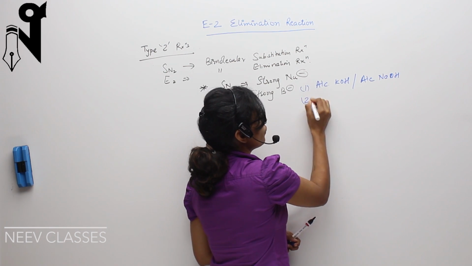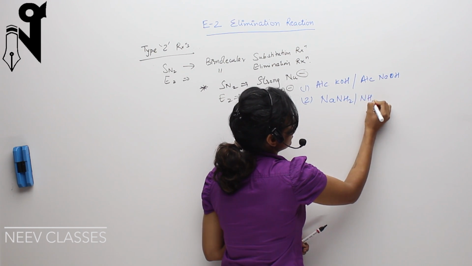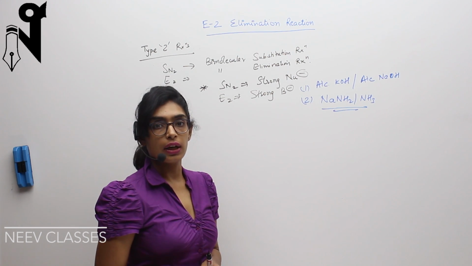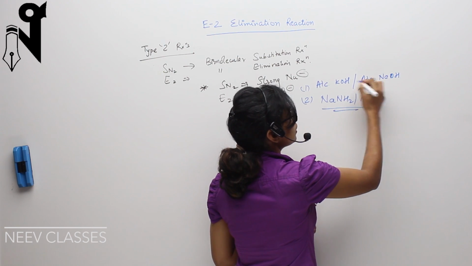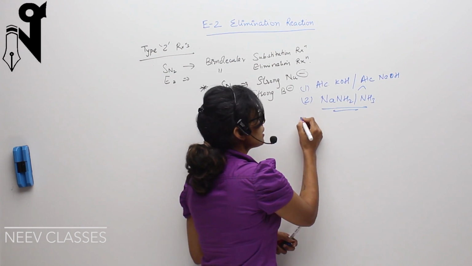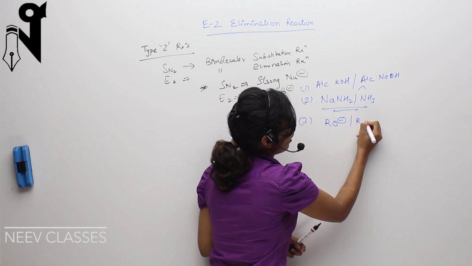Next set of reagents, NaNH2 in the presence of NH3. This is also a very strong base, even stronger than alcoholic KOH and alcoholic NaOH. The third set of reagents is RO minus in the presence of ROH.